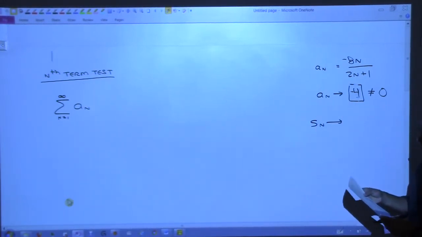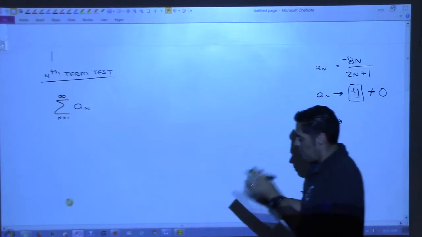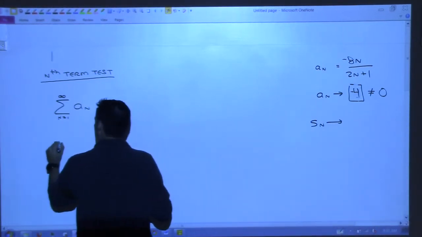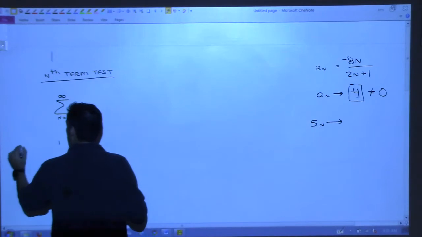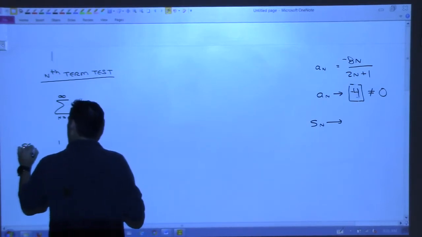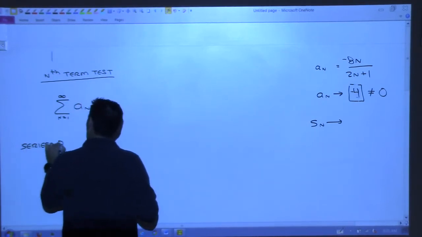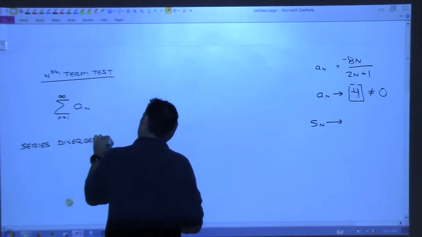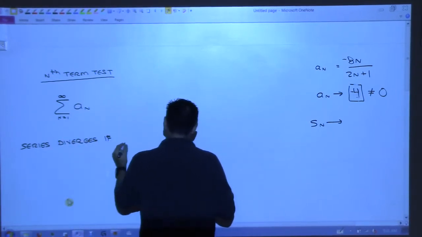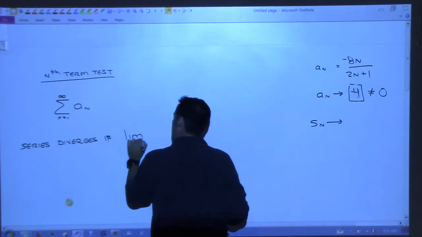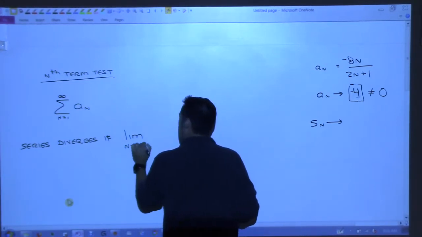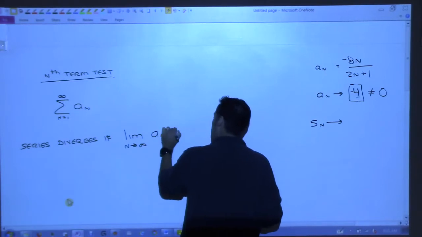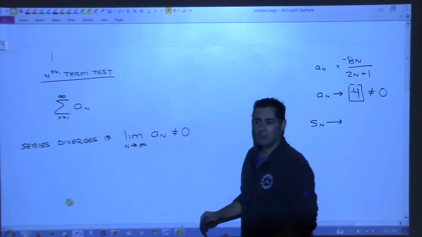Now, what does this test tell us? This series, right? Now we're talking about the series. The series diverges if the limit as n goes to infinity of the sequence is not 0.